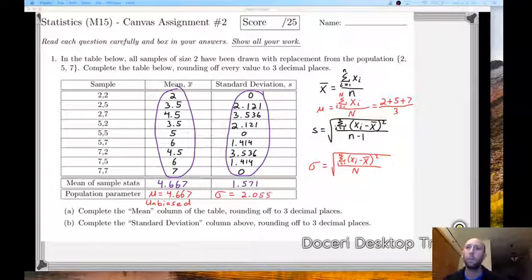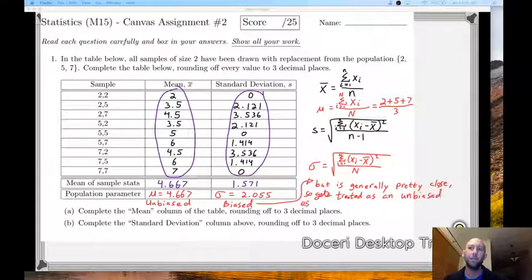Computing this, we're getting 2.055, which is a little bit different than what we got from using all of the sample stats. So we say that using the sample standard deviations to estimate the population parameter does put some bias into the situation, but generally in practice, we treat the standard deviation as an unbiased estimator because it is pretty close to the actual standard deviation.